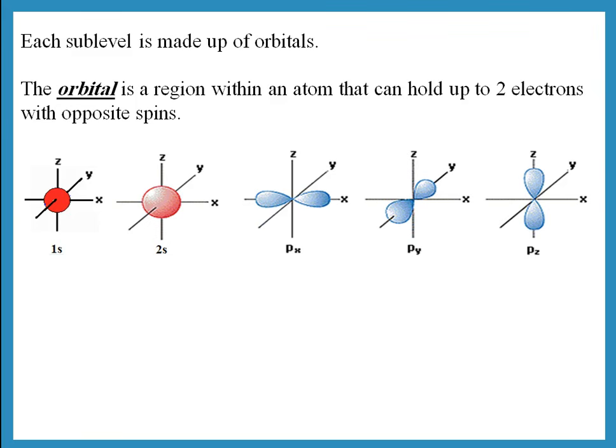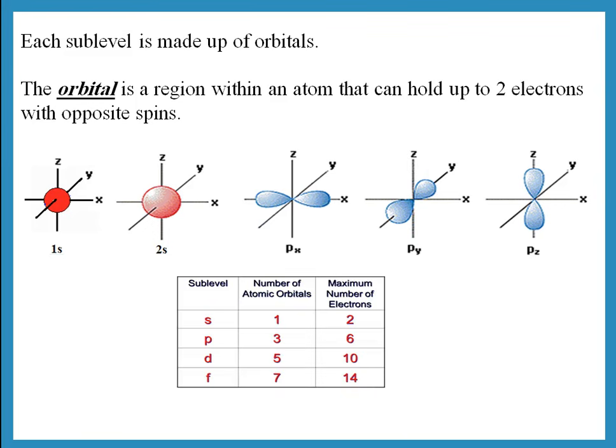What are all of these? These are regions where electrons can be found. And each orbital can hold only a total of 2 electrons. So the 1s takes 2 electrons, the 2s takes 2 electrons, the px will take 2 electrons, py will take 2 electrons, pz will take 2 electrons.